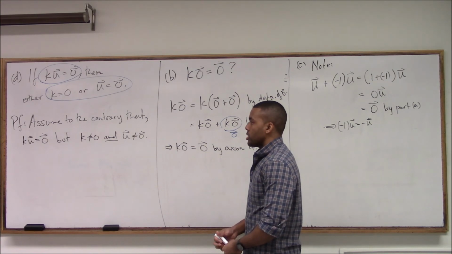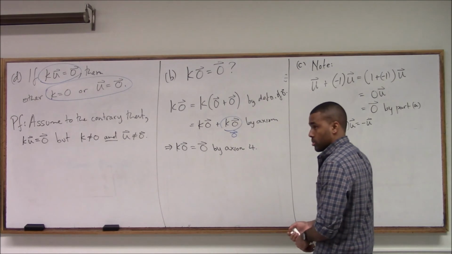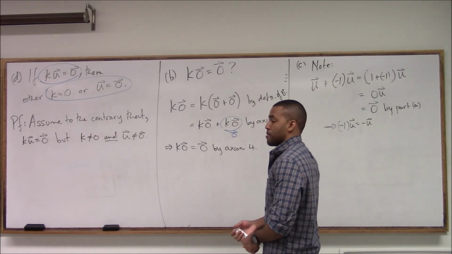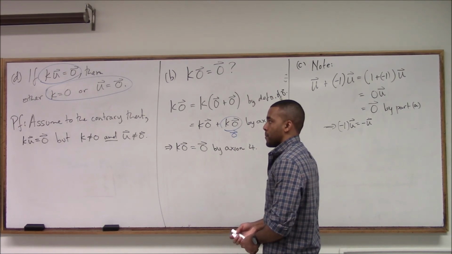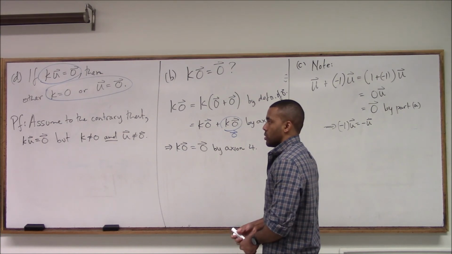I want to obtain a contradiction. Where do we go from here? I mean, k u plus negative k u would have to equal the 0 vector if they're not 0 themselves. Okay. But I don't see how that would help.